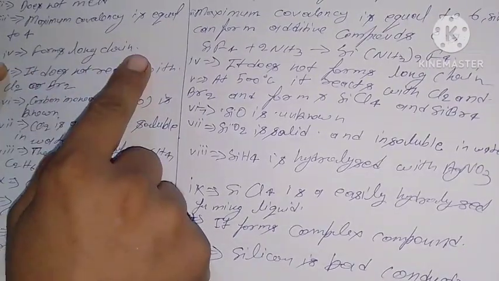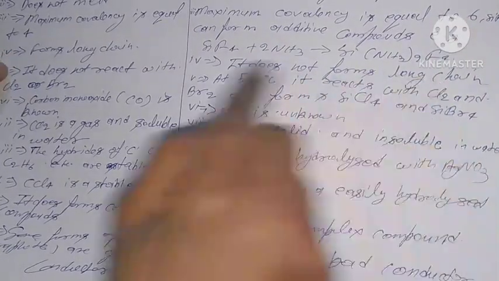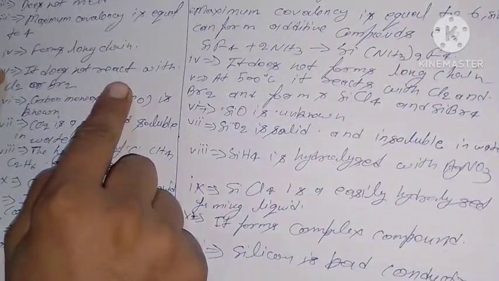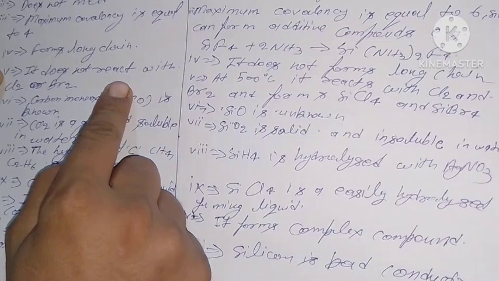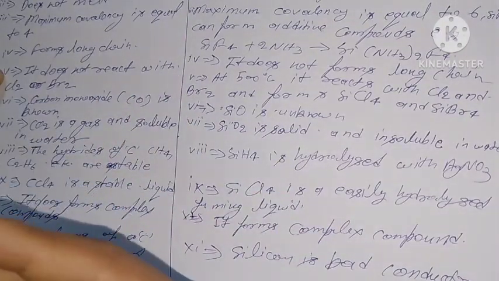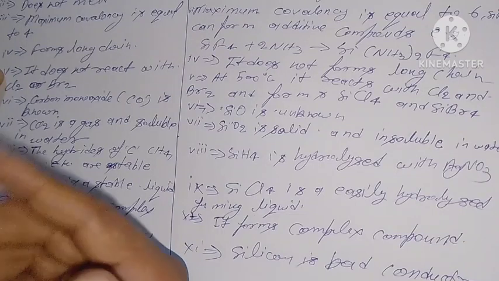Carbon forms long chains and silicon does not. Carbon does not react with chlorine and bromine, while silicon reacts at 500 degrees Celsius with chlorine and bromine to form silicon tetrachloride and silicon tetrabromide.